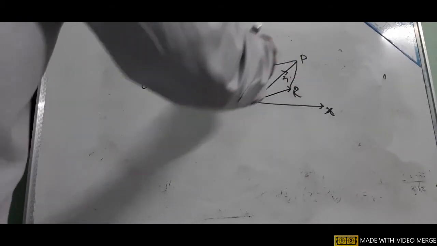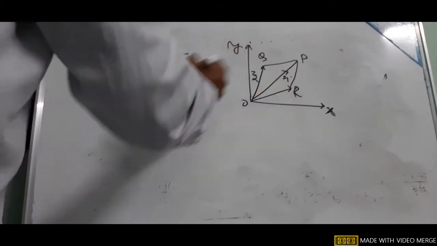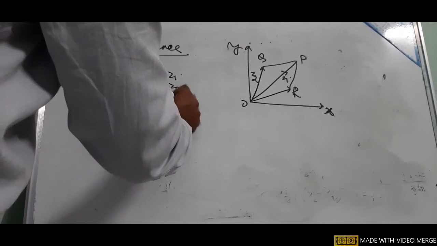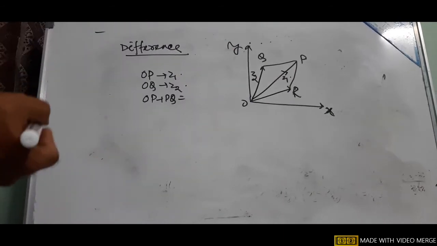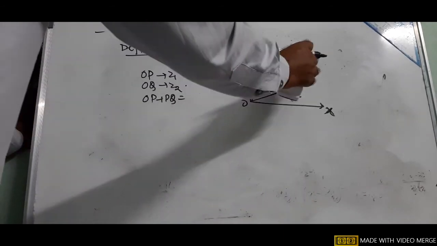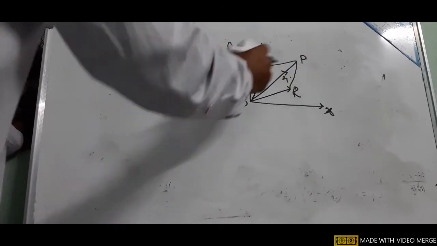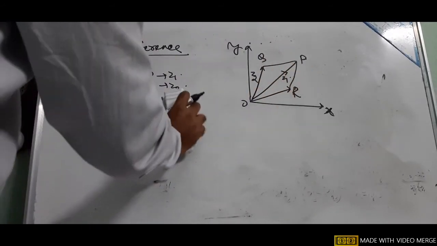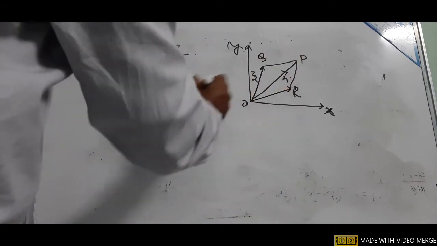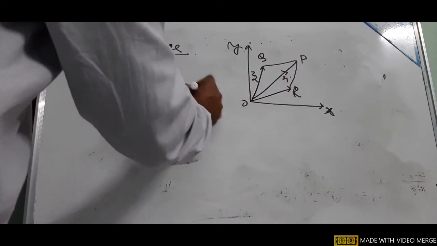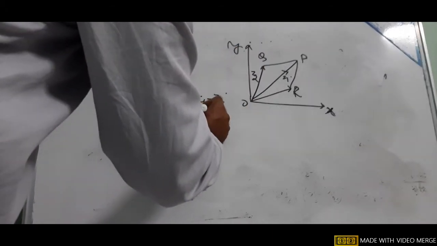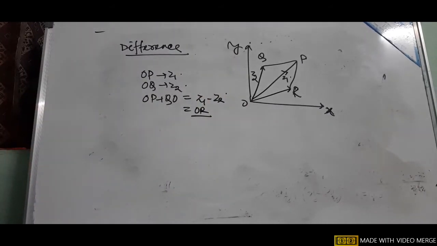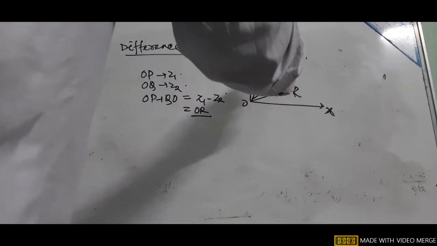So here in this triangle, OP plus PQ, that is equal to, or we can write OP plus QO, that is equal to Z1 minus Z2, and that is equal to OR. So that is the difference. OR is equal and parallel to QP. So this is our Z1 minus Z2.